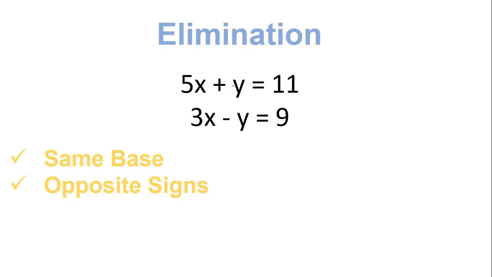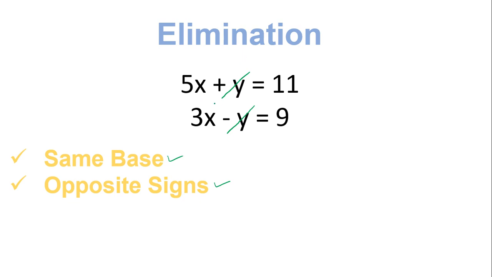Now, I have a positive y and a negative y. I know that the bases are the same and that the signs are opposite, so I can just eliminate my plus y and my minus y. Elimination means that you need to get rid of one of the variables depending on the satisfying conditions. Since y satisfies both conditions, I eliminated y.